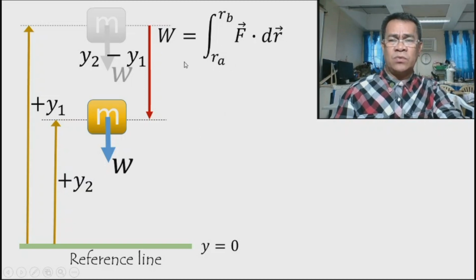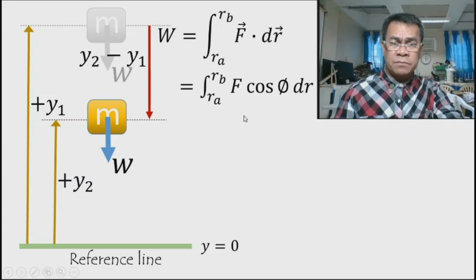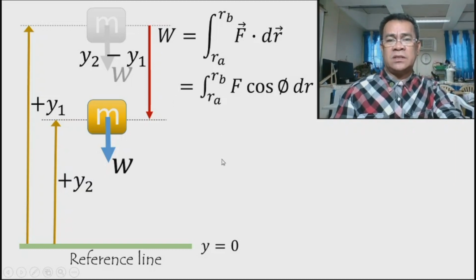In this case, we are looking for the work done by the weight, which is work done by gravity. So the force should be the mass times gravity, or the weight. But take note that the product is a dot product, which involves cosine of the angle, where the angle is measured from the displacement towards the force. In this case, our force is mg.